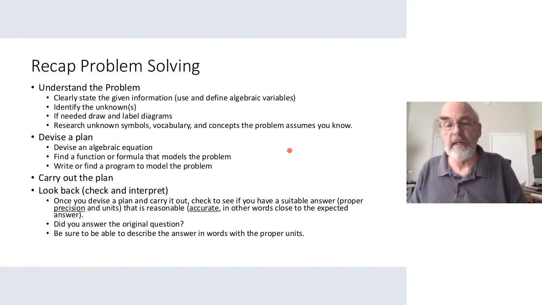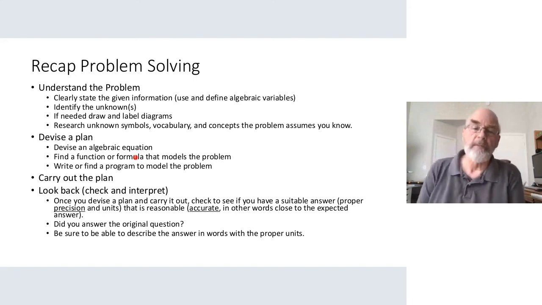Once you devise a plan and carry it out, check to see if you have a suitable answer. In other words, suitable means proper precision with the proper units. And you want to make sure that that answer is reasonable, and that involves the accuracy. In other words, close to the value you expected. For example, if you're talking about some child's shoe size that you're doing an experiment on, and you have an answer of 5 feet, you've done something wrong.